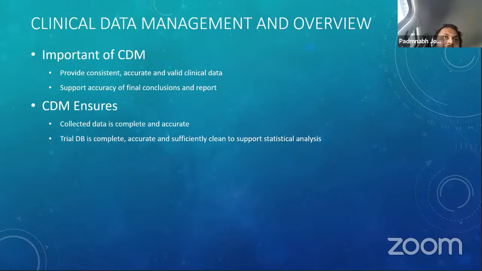Our end customer as clinical data management associates is the statistician group, because we have to feed the information captured in data to them in the most accurate, precise, clean and validated format possible, because they are the ones who are going to analyze that data further for submission to regulatory authorities.